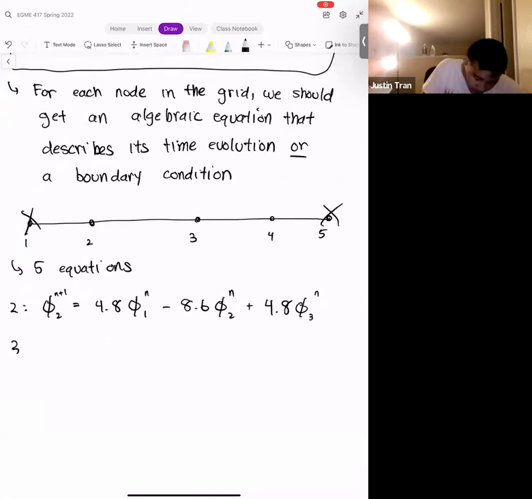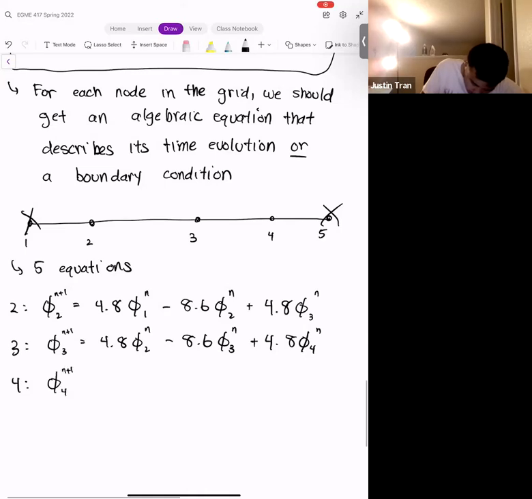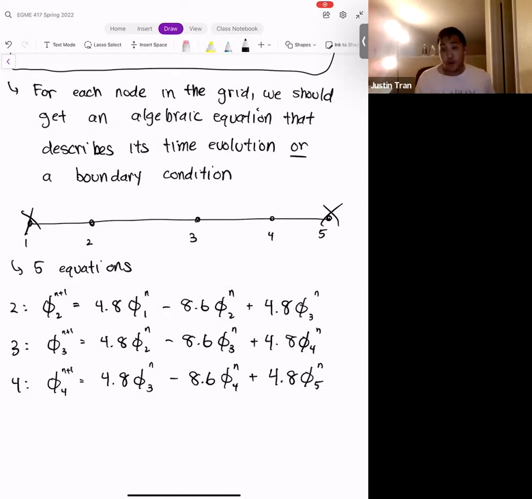And we're going to do the same for i is equal to 3 and i is equal to 4 as well. Okay, and so those are our first 3 equations.